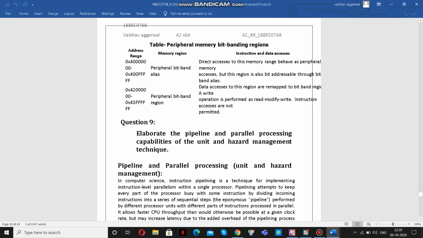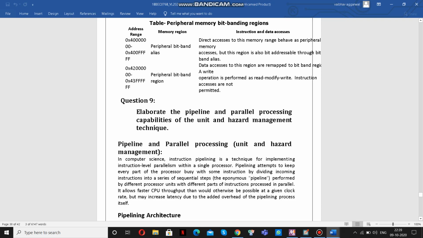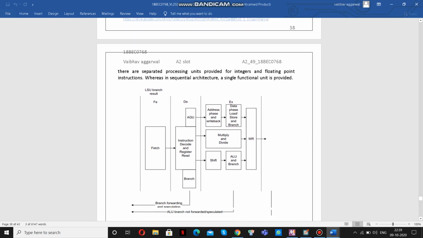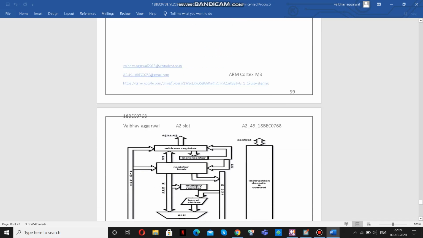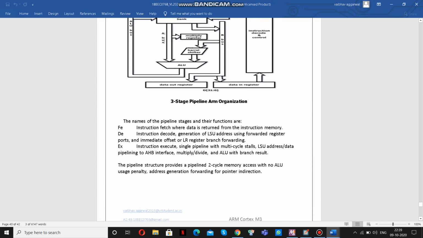Now I have elaborated the pipeline and parallel processing capabilities of the unit and the Harvard management technique. This is the block diagram of the same. 3-stage pipeline organization.